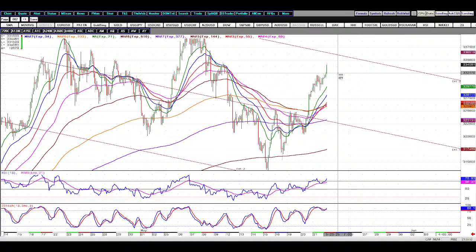Let me adjust the thing. So we can go as low as 20.